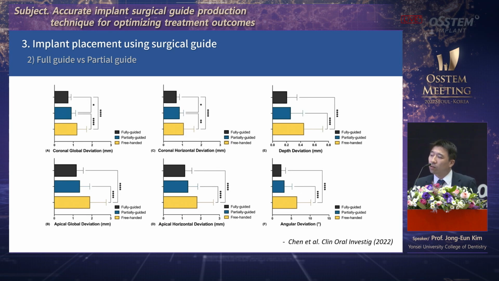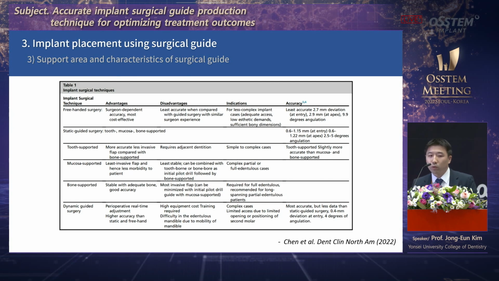In this study, the premise was that in a healed ridge there's not that much of a difference. The partial guide also shows very good accuracy. If it is sloped or if it is an extraction socket, using a full guide is more recommended.